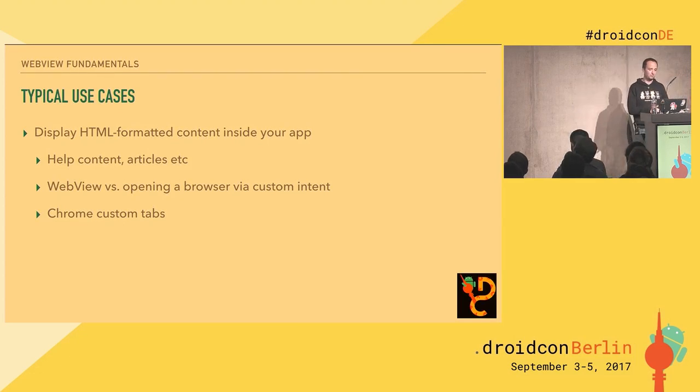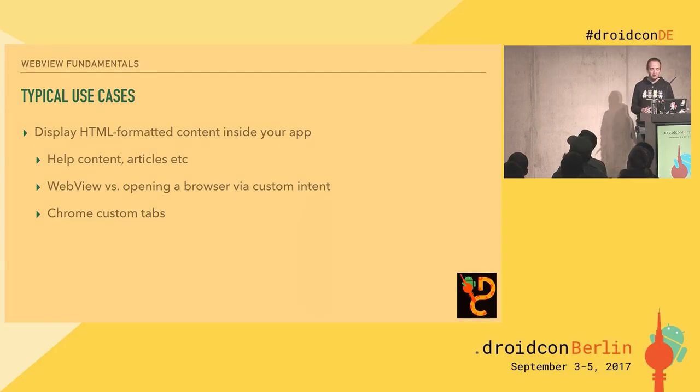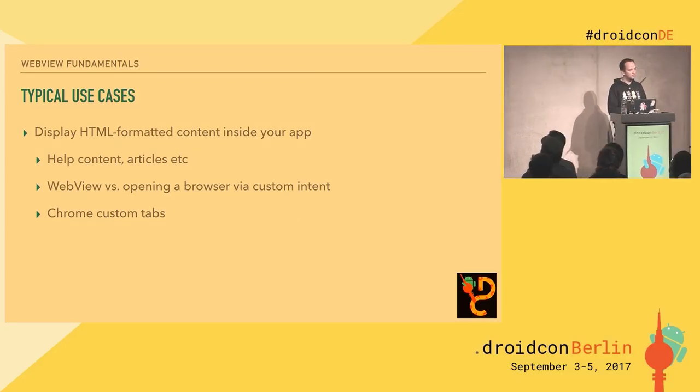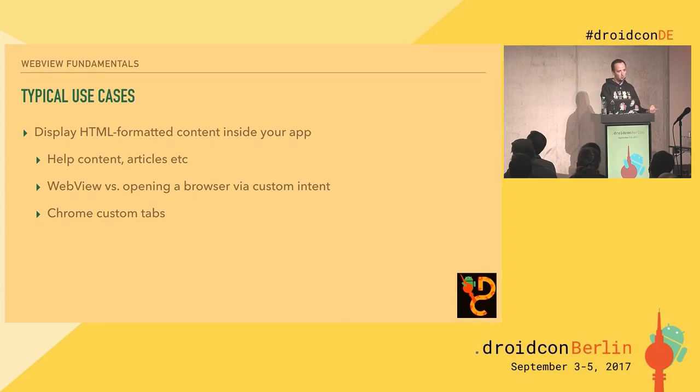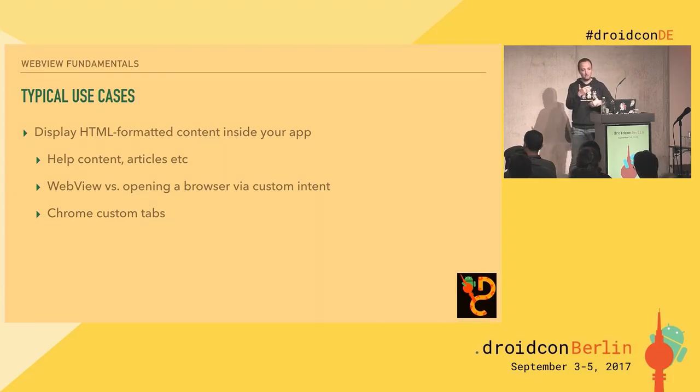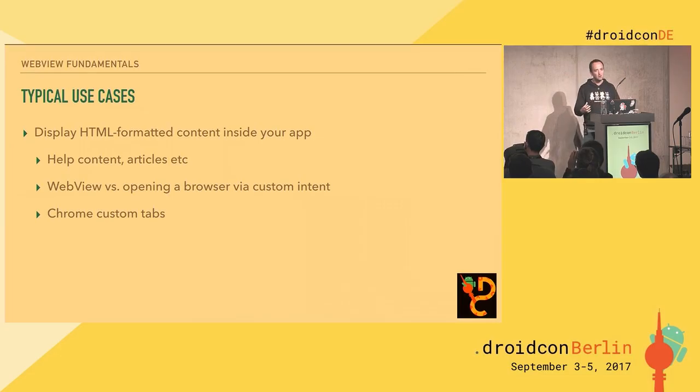The Webview is perfect for that. And it's much nicer to do it in a Webview than actually opening Chrome or whatever browser from your application. There's another technology in that area which is called Chrome Custom Tabs. They are really good for content as well, but they actually don't give you full control of the look and feel of that content inside of your app.